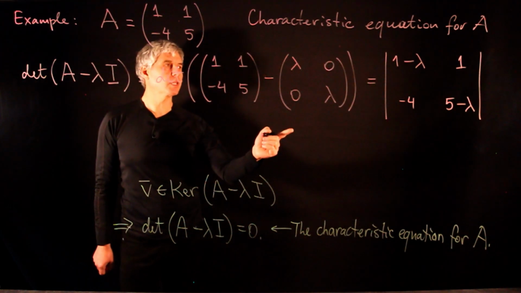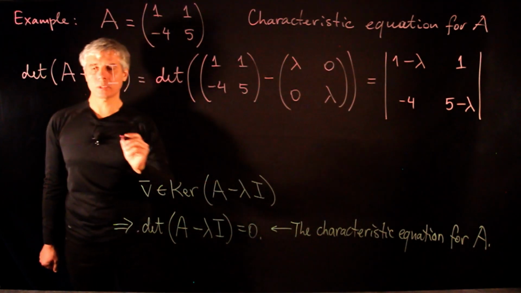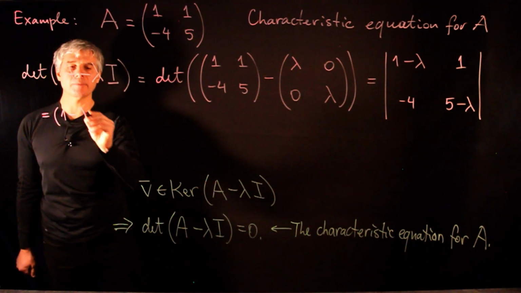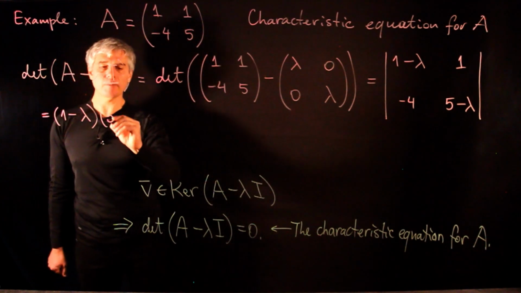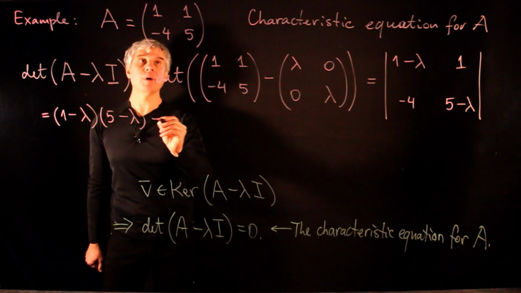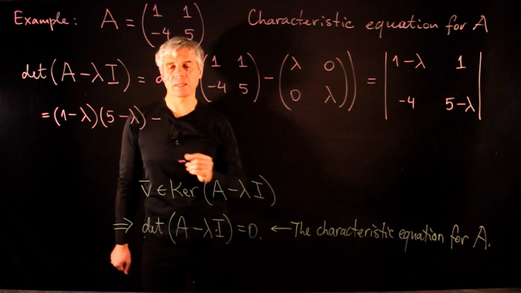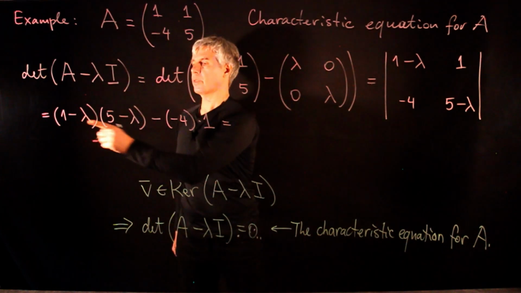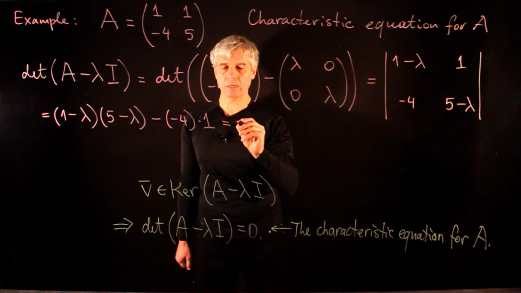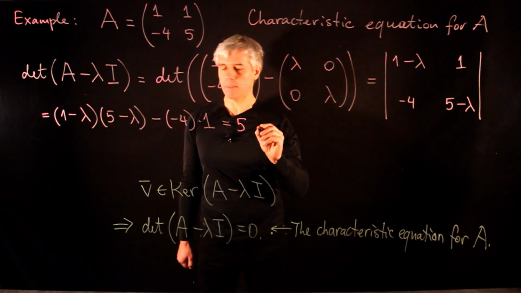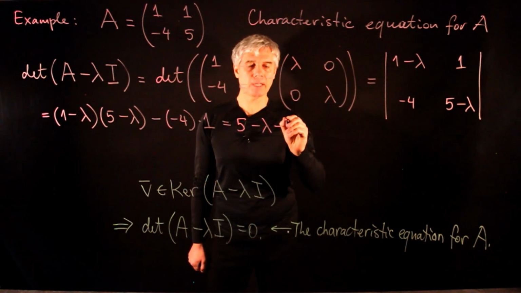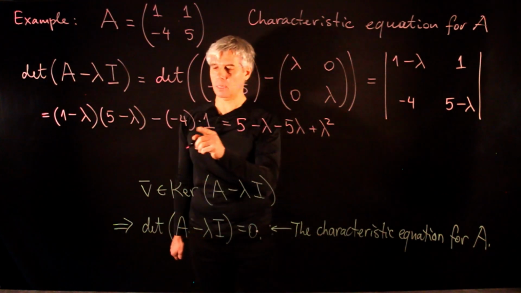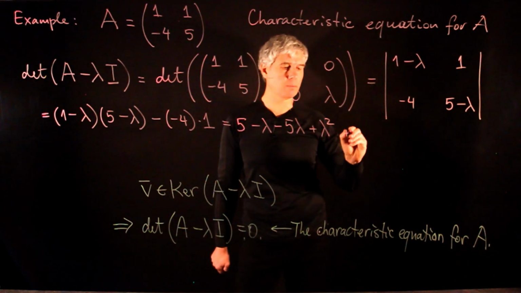Let us use the formula AD minus BC to compute this determinant. So here we'll get 1 minus lambda times 5 minus lambda, minus the product of off-diagonal elements. So we have minus 4 times 1. So this can be written as 5 minus lambda minus 5 lambda plus lambda squared, and here we have plus 4.